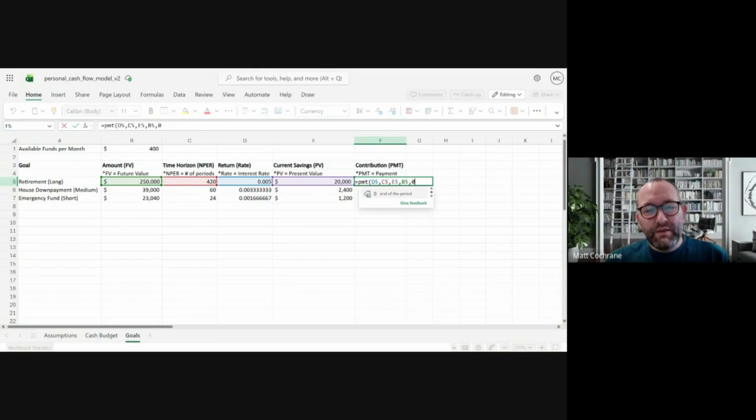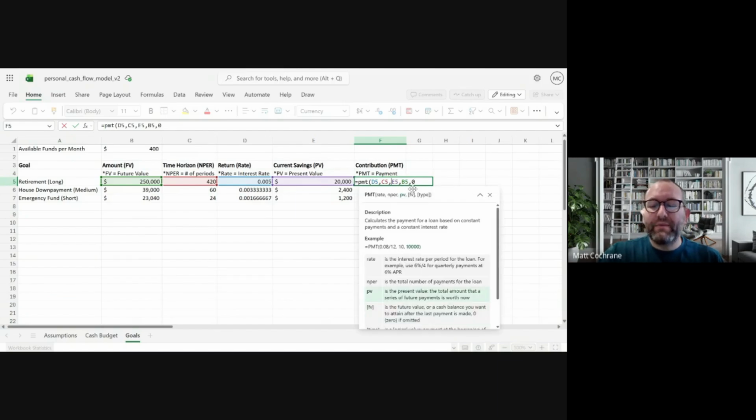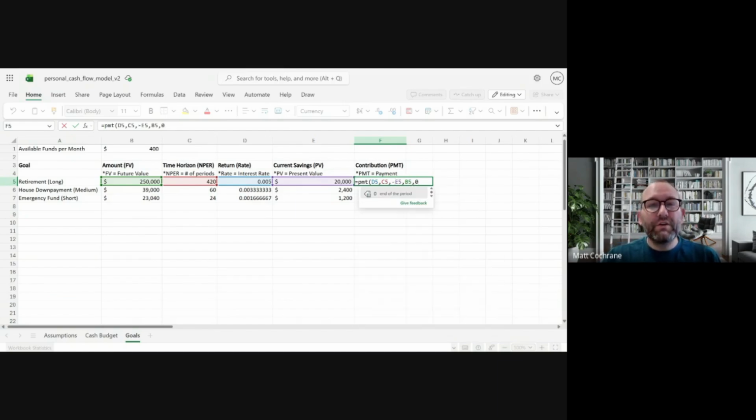And your future value, the $250,000 at the end of the period, is going to be a cash inflow. So the present value amount, okay, which is E5 right here, we have to make that one negative. Okay, if you don't, then it's not going to work properly.